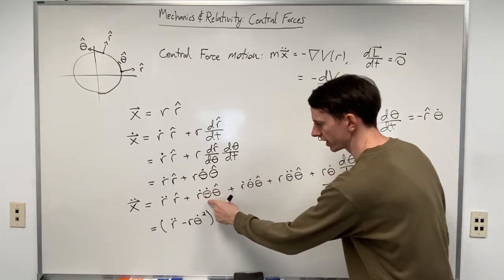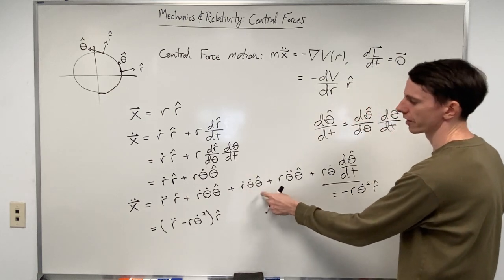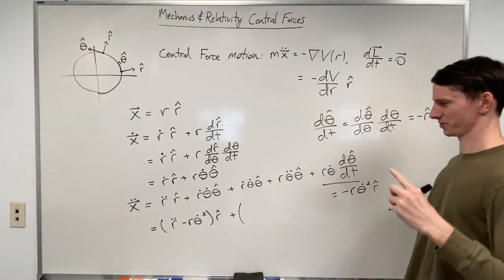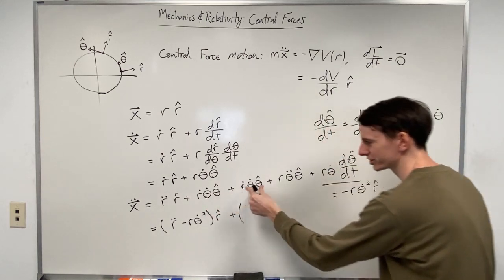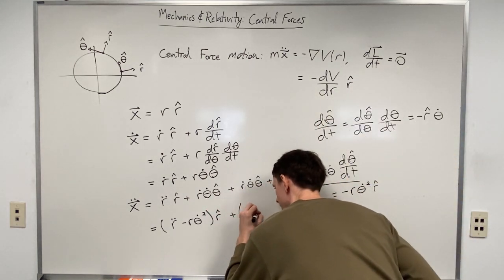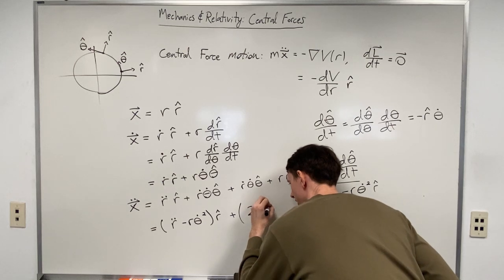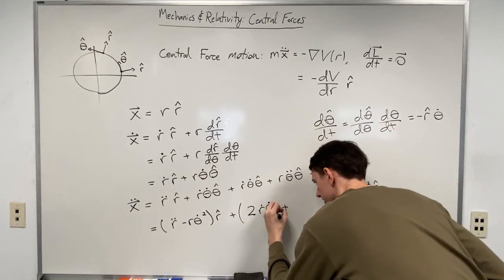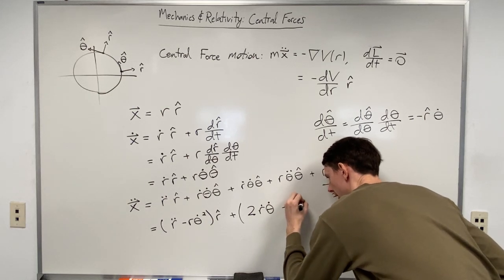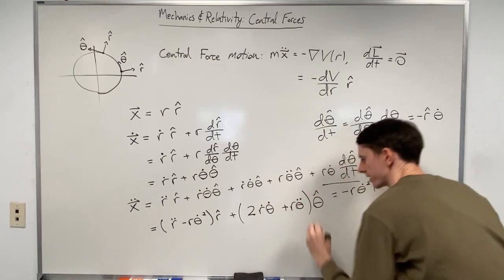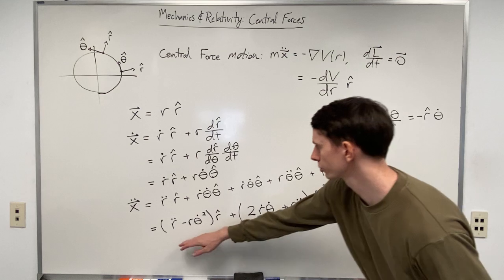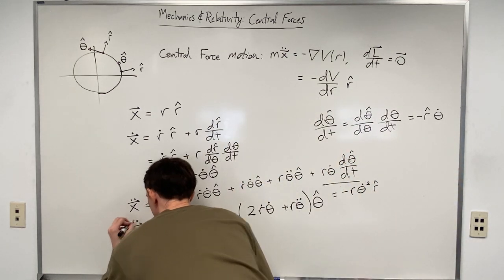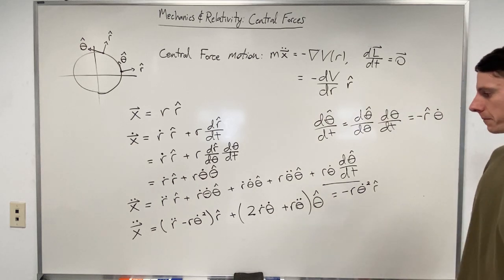We have r dot theta dot theta hat plus r dot theta dot theta hat. So we can add these 2 terms together to give us 2 times r dot theta dot. And then we also have this term right here, which is plus r times theta double dot theta hat. So this is what we get when we collect terms for the acceleration vector.